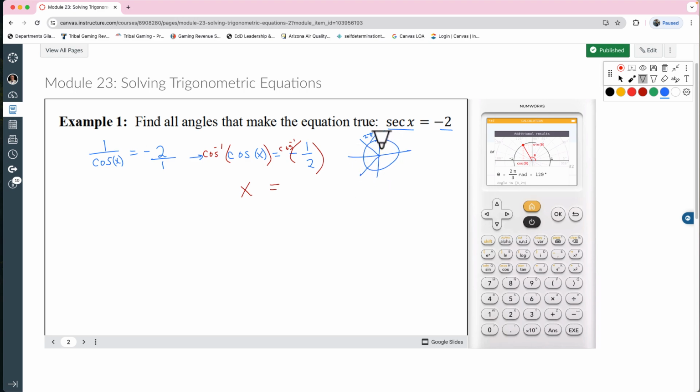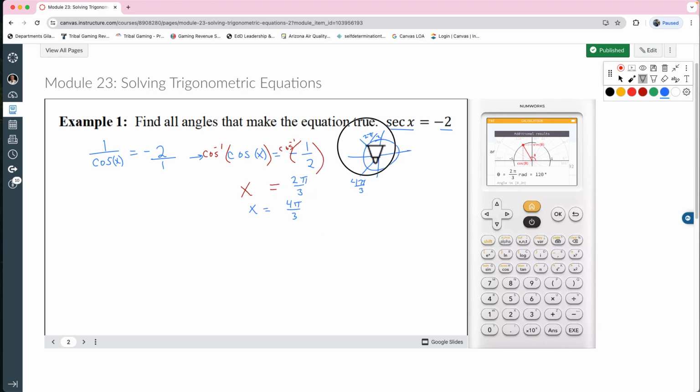This is going to be 2 pi over 3, 3 pi over 3, 4 pi over 3. Same angle. Those are the two places that it is going to occur. So we did this and we found, 2 pi over 3 is one place. However, x can also be 4 pi over 3.